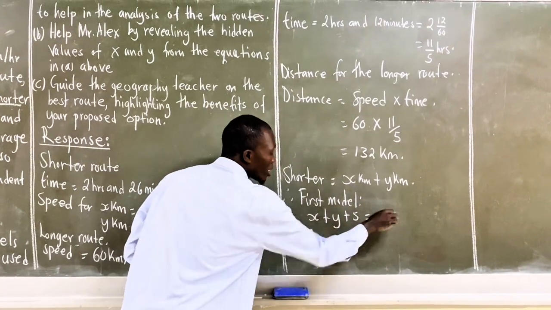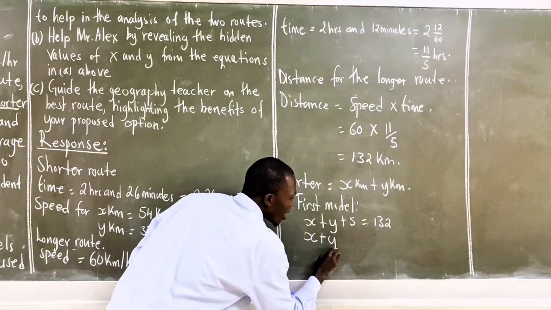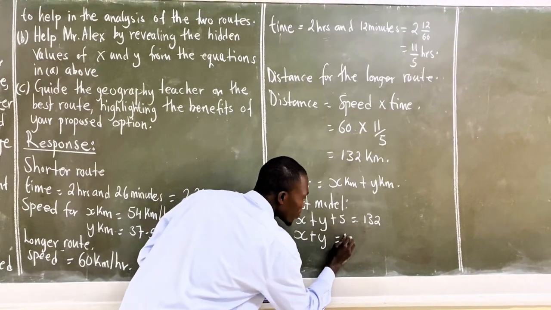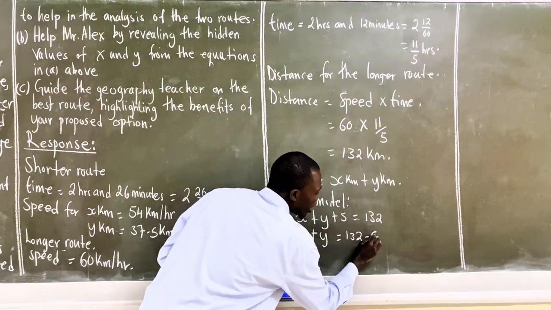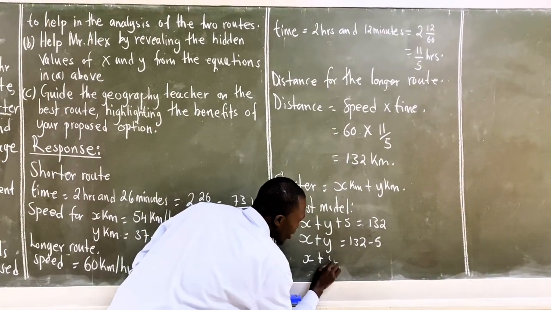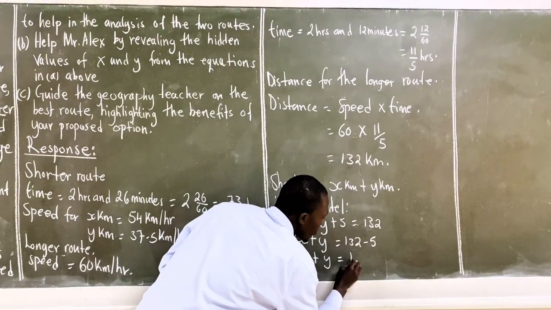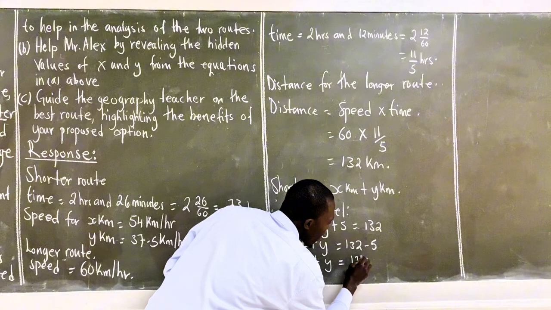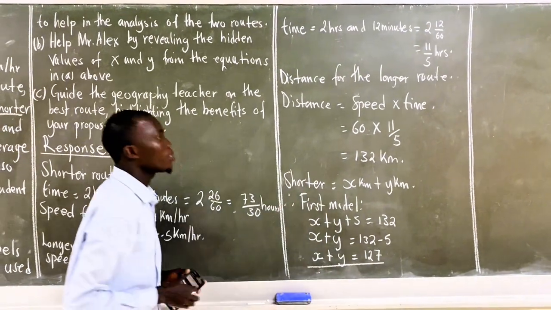Collecting like terms, taking 5 to the other side, we shall remain with x plus y is equal to 132 minus 5, giving us our first model to be x plus y is equal to 127.